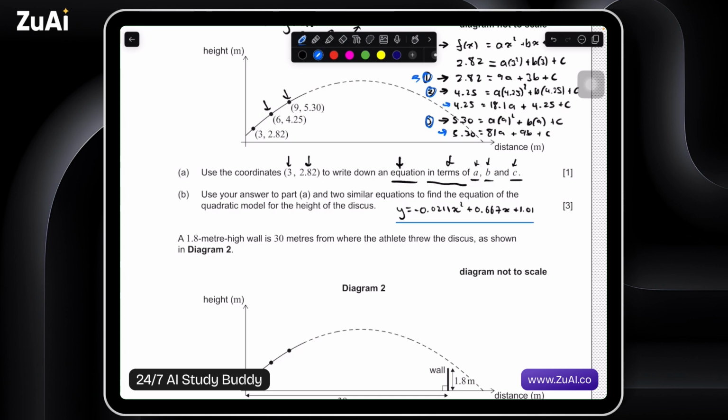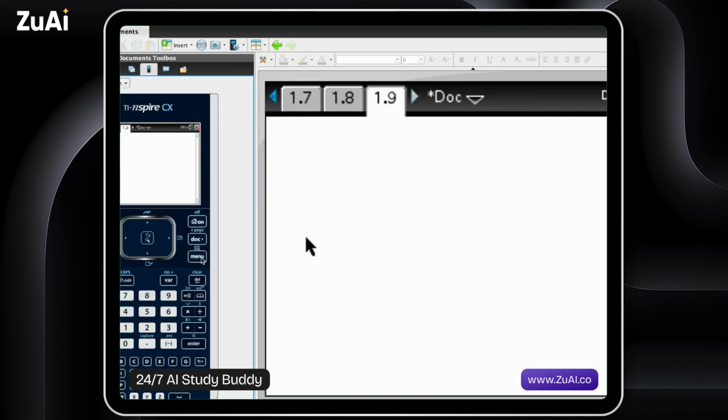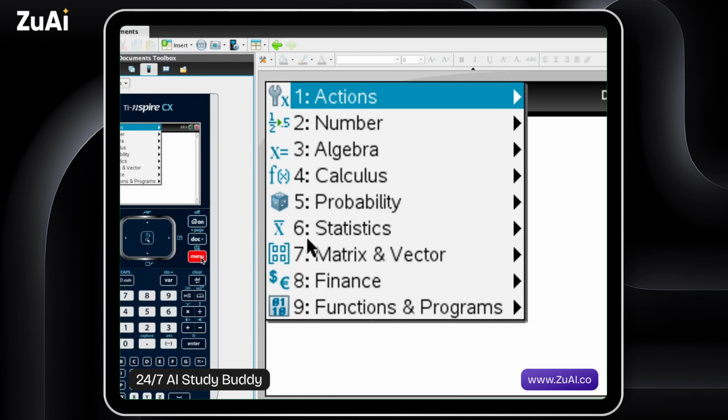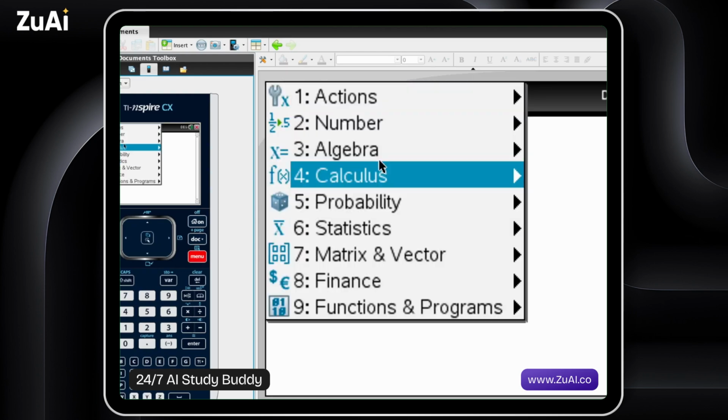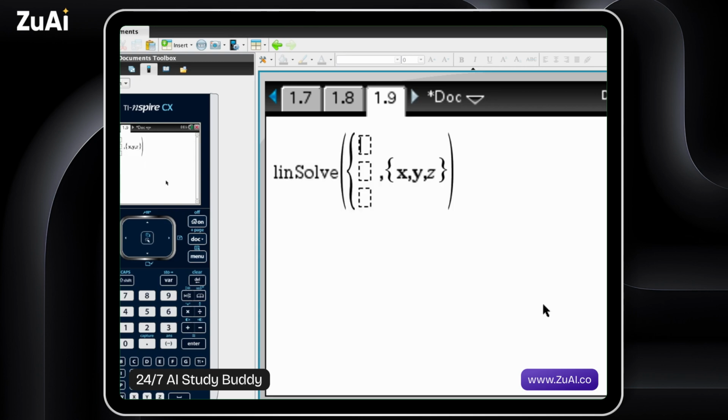What they're asking you to do, so far as I see, is they're asking you to solve a system of linear equations. So going back to the calculator, if we're at the home screen, menu, algebra, solve a system of linear equations. We have 3 equations in terms of x and y, and then we can put them in.